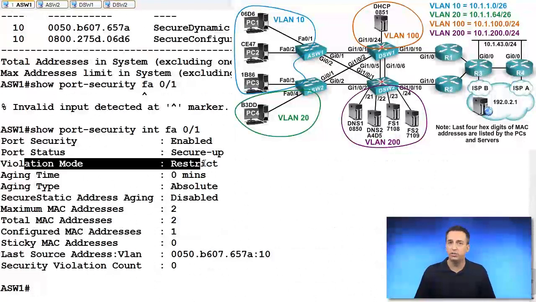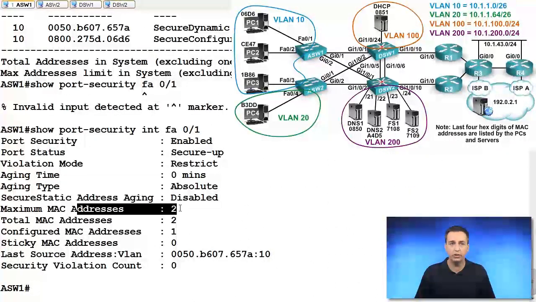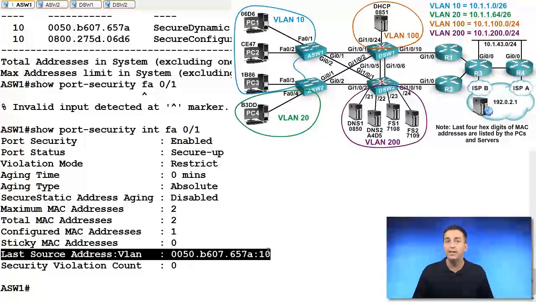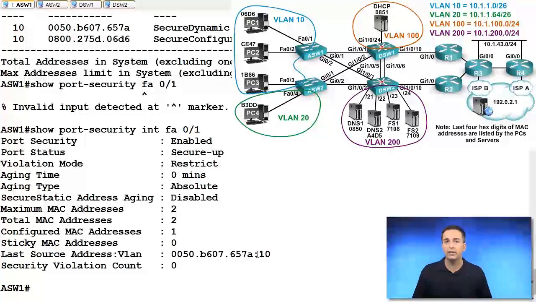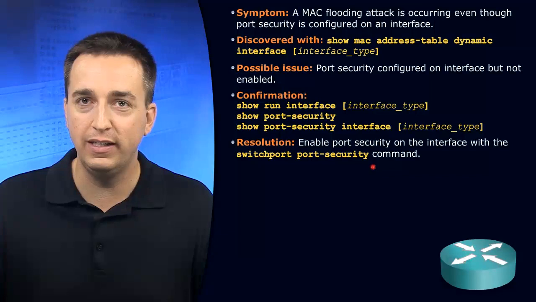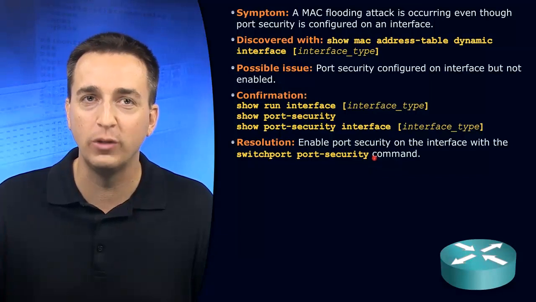Our violation mode is still restrict. Maximum 2, we have 2. One of those addresses is a statically configured address. The last source address we can see down here came from this particular MAC address on VLAN 10. So it's important to remember that port security must be enabled with the switchport port-security command.